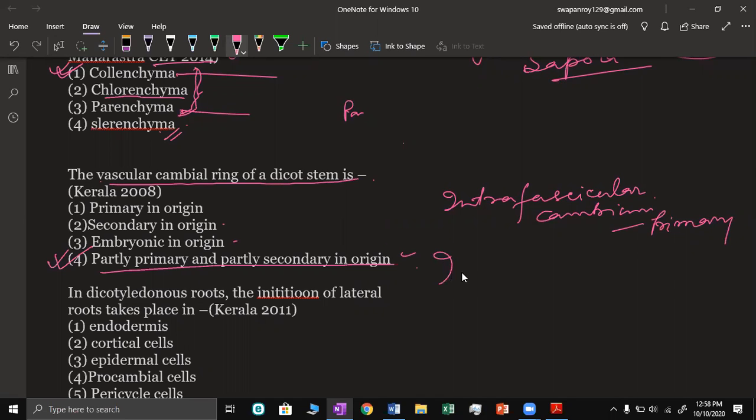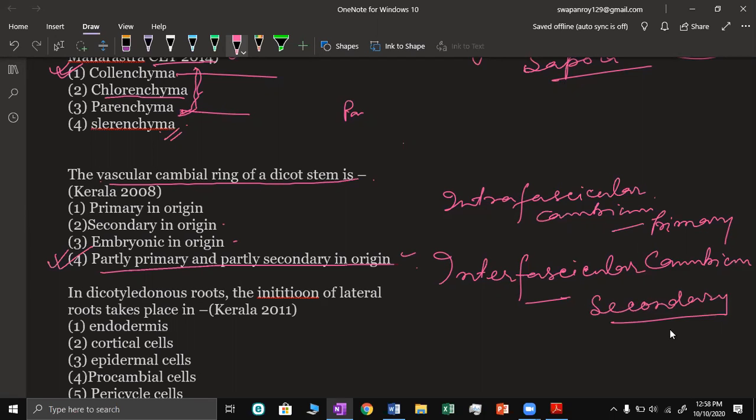The interfascicular cambium originates from the medullary ray cells, which are permanent tissues, and that's why it is secondary in origin. So intrafascicular is primary and interfascicular is secondary.